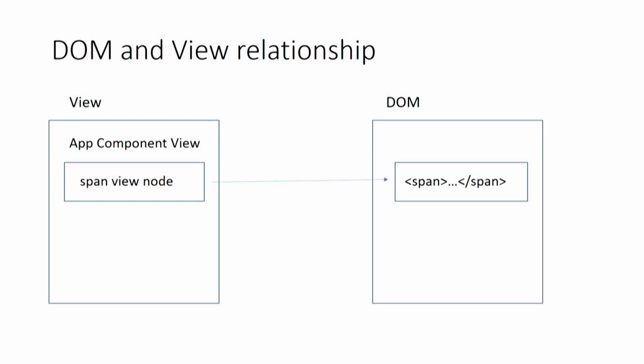It binds them together. And when Angular creates a component, it first creates the view for that component, and then creates the view nodes and the corresponding DOM nodes. I think the question you're asking yourself now is, but I define components. How are they turned into the view?